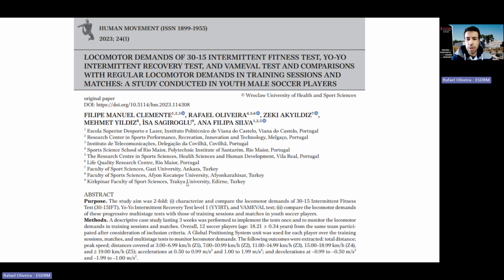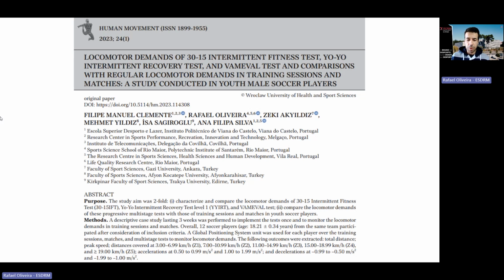But let me show you just 2 studies that will give us more information, for instance, about the cardiorespiratory fitness test. The reason I selected these tests is because they can give us too much fatigue sometimes, from a physical and physiological point of view.